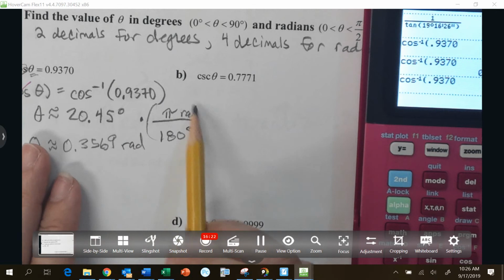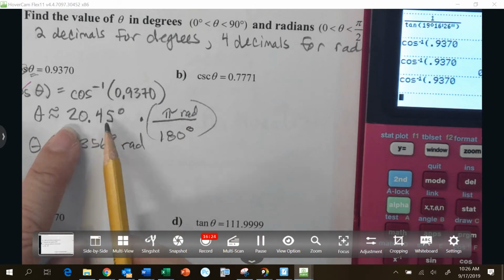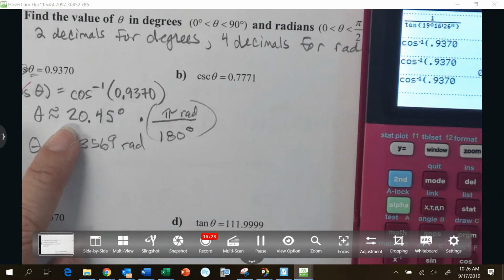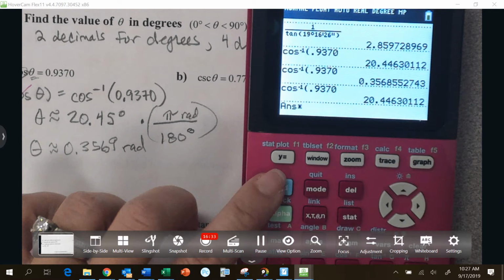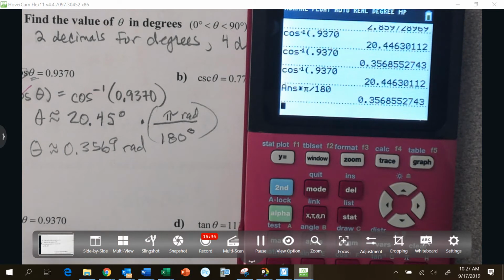So if I multiply by this answer, and I'm just going to use the answer, I'm not going to type in 20.45. I'm going to use this answer. You guys know how to use that on the calculator, right? I'm going to multiply by pi, and I'm going to divide by 180, and I should get the exact same answer. I wonder if it's the same if you use the rounded answer.